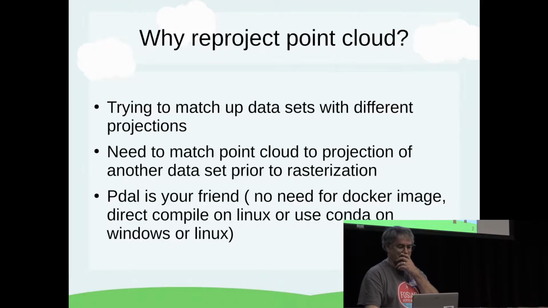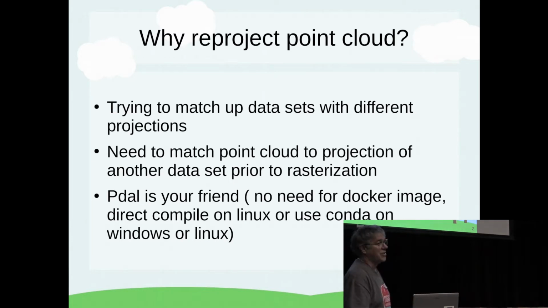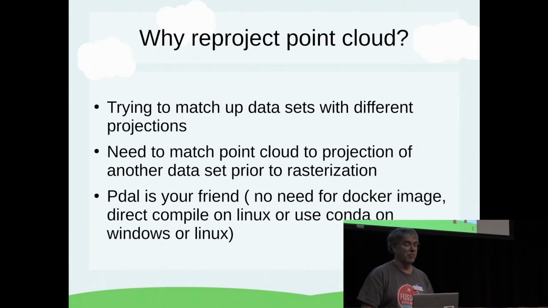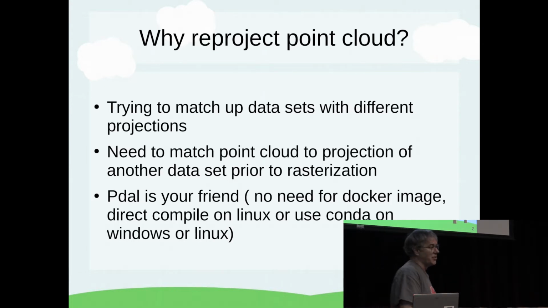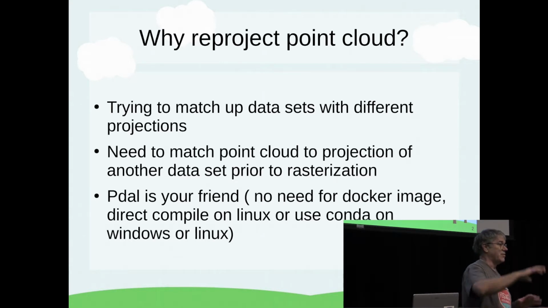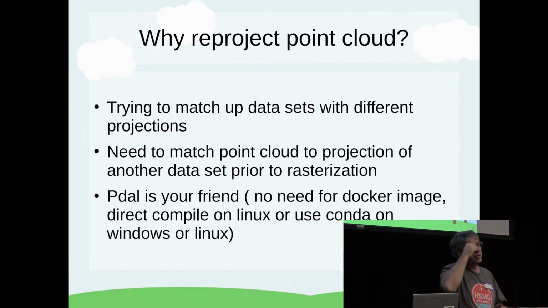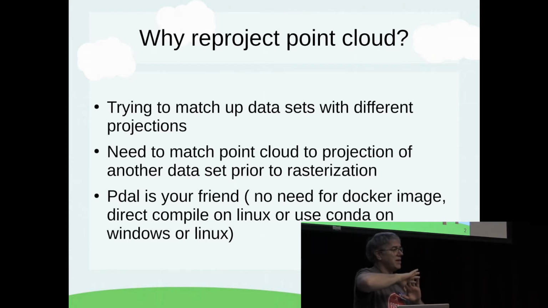Okay, so why would you want to create your own DEM from a reprojected point cloud? Well, why would you want to reproject a point cloud of LiDAR data? If you've got two data sets, like two states, and their LiDAR is in different projections, and you want to work across both states in a common projection, you can reproject all the points, recreate the DEM, and start working with it.